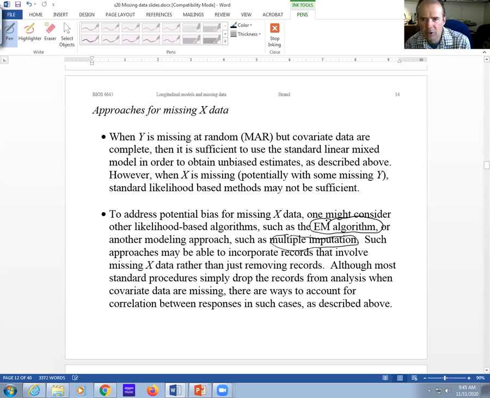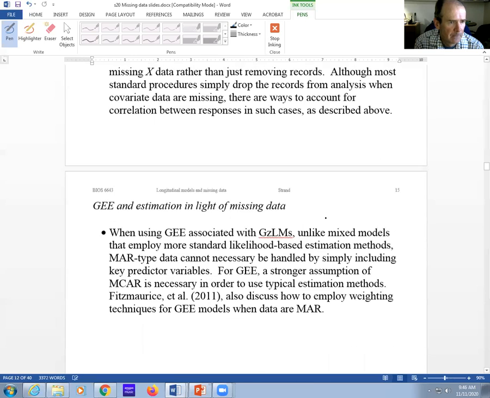So there are other approaches that we can consider when X is missing. But what we're going to focus on today is when Y is missing. We have enough to worry about when the outcome is missing, so that's what we're going to focus on as a first step here.